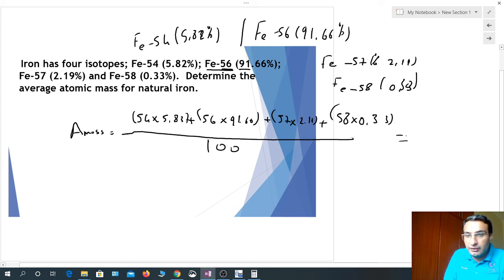When we calculate, 56.5 will be the atomic mass of iron.